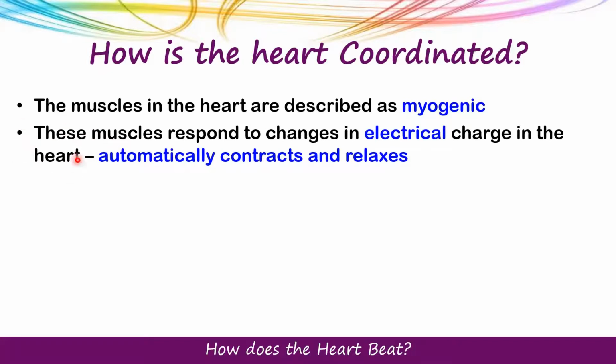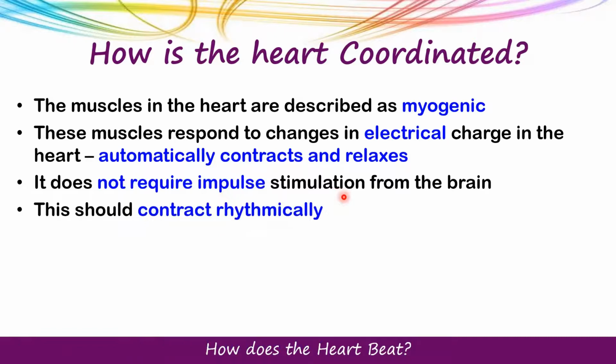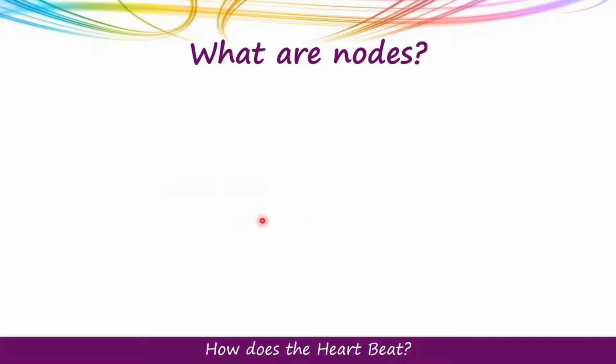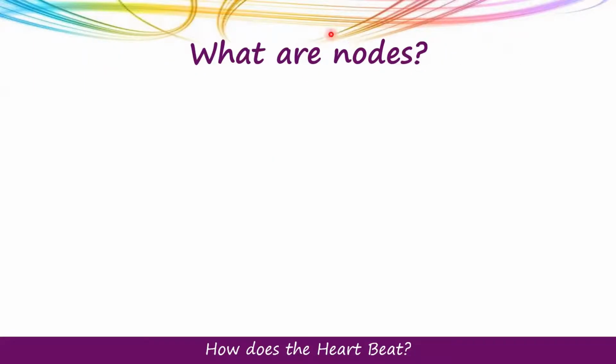So the heart automatically contracts and relaxes, right? It does not require impulse stimulation from the brain or any hormonal control from the endocrine glands, and it contracts rhythmically. So when we talk about heart coordination, you need to know about nodes.